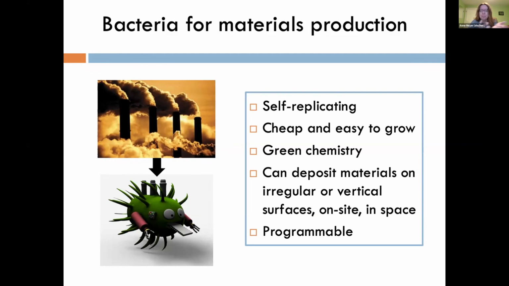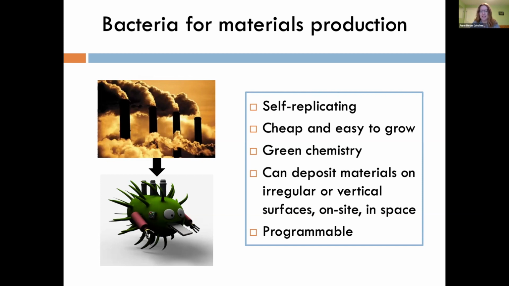Unlike brick and mortar factories, bacteria factories replicate themselves. They're really cheap and easy to duplicate and make more of. I love the fact that they have evolved mechanisms to catalyze really sophisticated chemical reactions, but typically in a really environmentally friendly way, right? Typically in aqueous, water-based solution, close to room temperature, close to standard pressure. They don't usually make or require toxic compounds to do their chemical reactions.